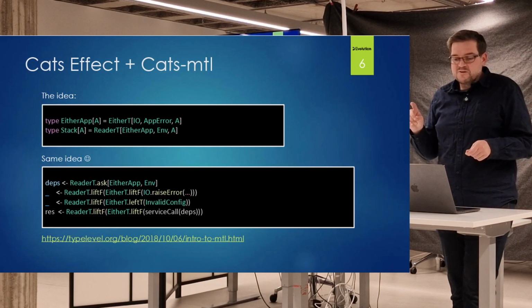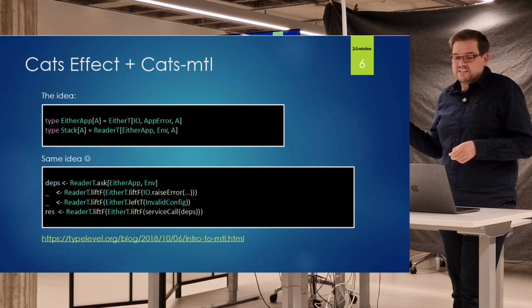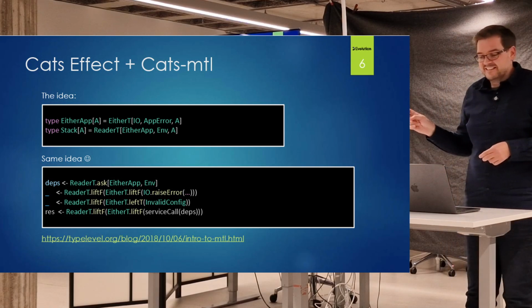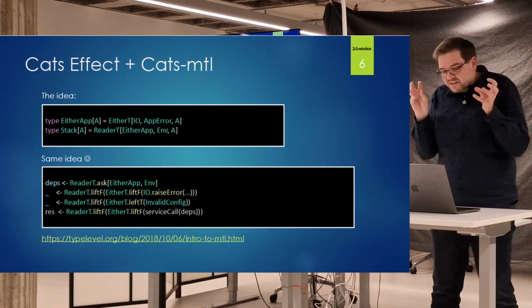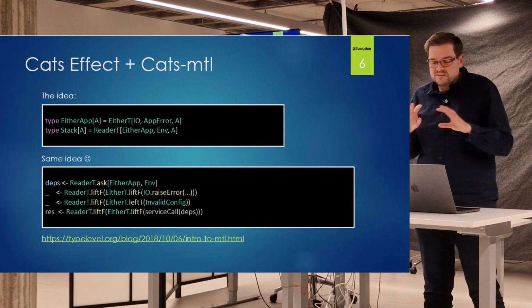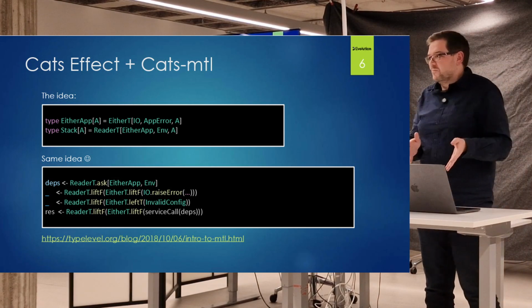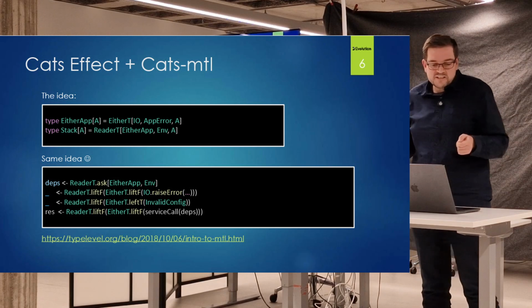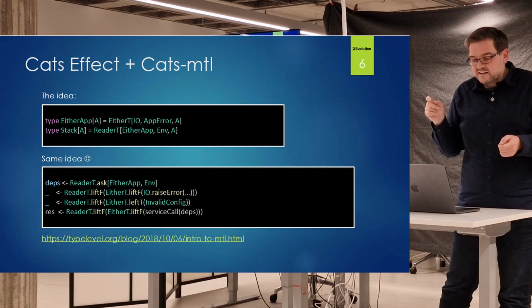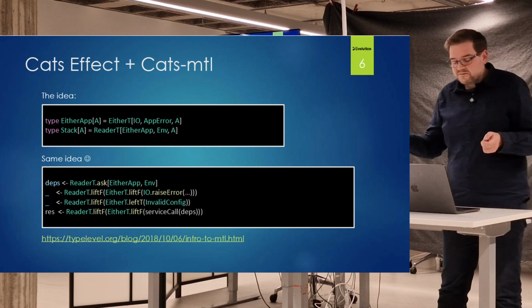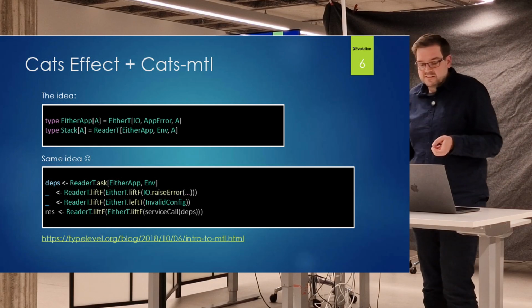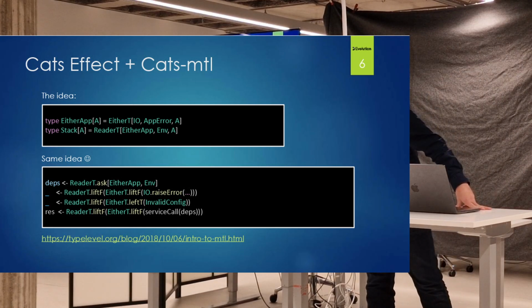I'm not going chronologically, because after that I didn't work with Cats Effect and Cats MTL, but you can do something similar with Cats Effect. In Cats Effect you can do dependency injection in so many ways that this is probably one of the wrong ones. But essentially, you can have a ReaderT of an EitherT of your domain-specific errors and environment in your IO effect.